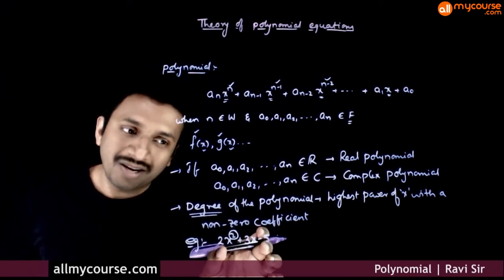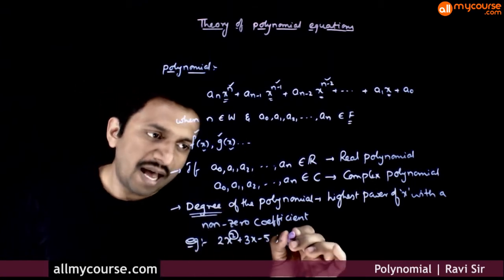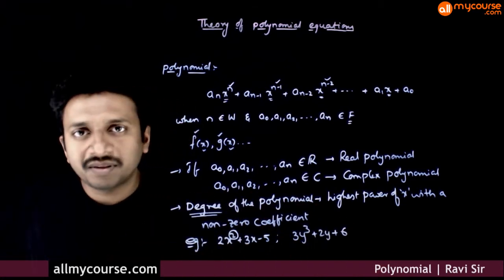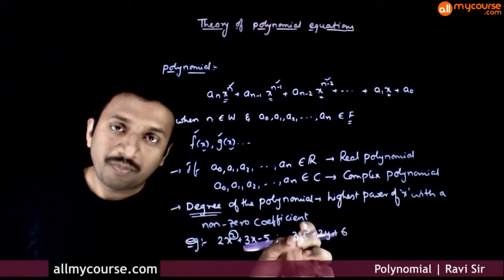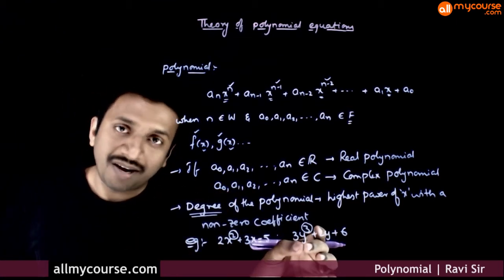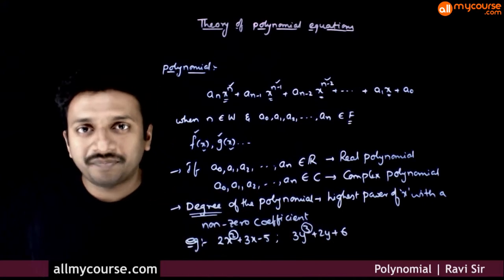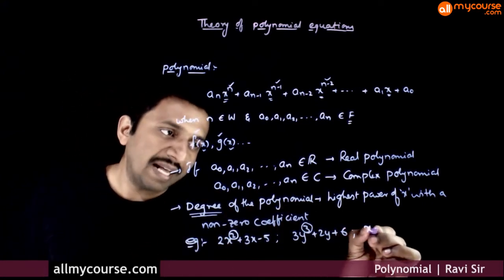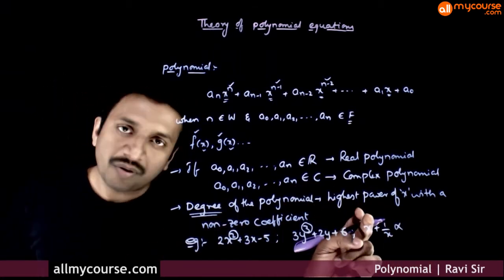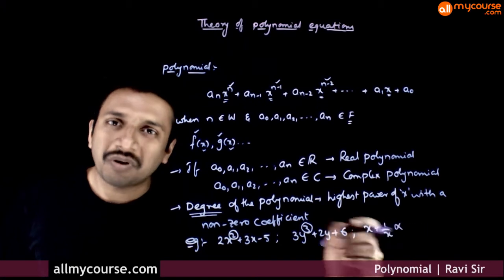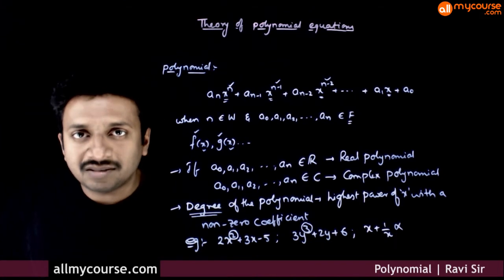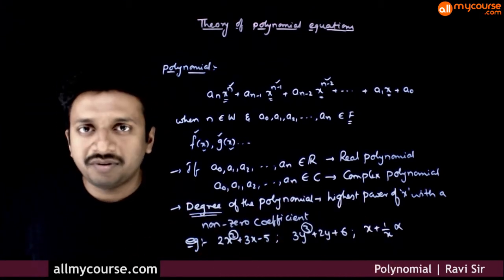If you have 3y^3 + 2y + 6, this is a polynomial of degree 3, defined in the variable y. If you have the expression x + 1/x, this is not a polynomial, because x^1 is okay, but 1/x is x^(-1). The powers of x are not all whole numbers. Hence, this is not a polynomial.